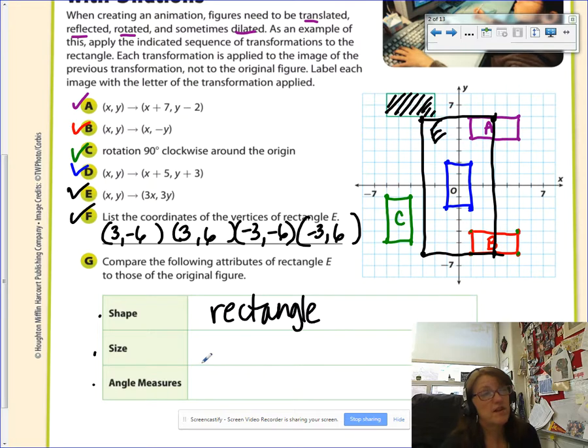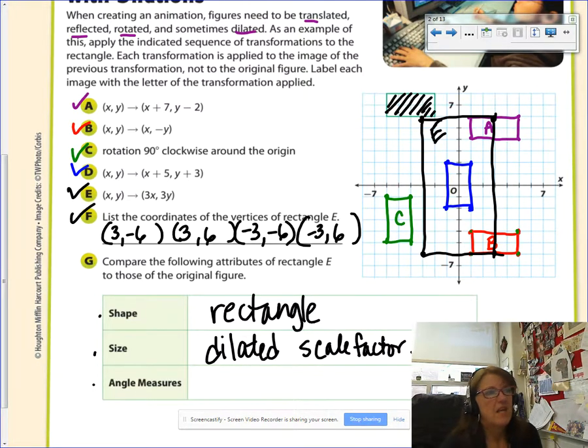The size of the rectangle, although it has been changed, has been dilated by a scale factor of 3. As far as angle measurements, it's still a rectangle. All of my corresponding angles are still all 90 degrees. So those are still congruent.